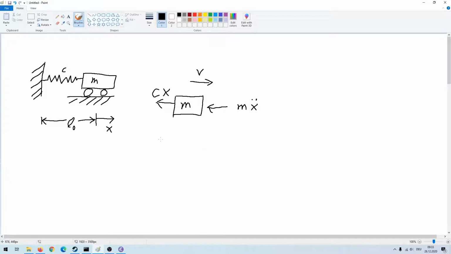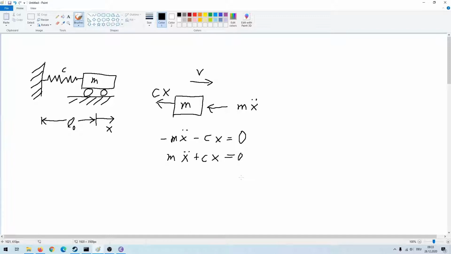If we write that equation down, we have negative m times x dot dot minus c x, and we don't have any other forces acting on the mass, and this means that this is equal to 0. And of course we can write it in a different way. We can multiply with minus 1, and we get this equation. There we go.